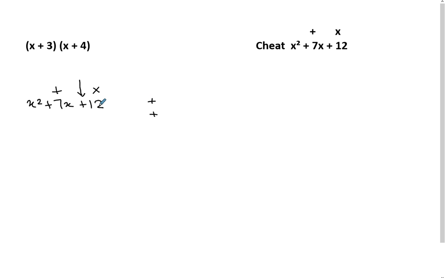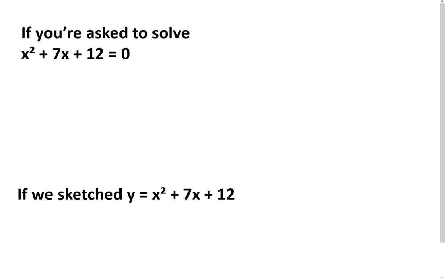And then factors of 12 that add to give 7 would be 4 and 3. So you've got x plus 4 and x plus 3. As simple as that.